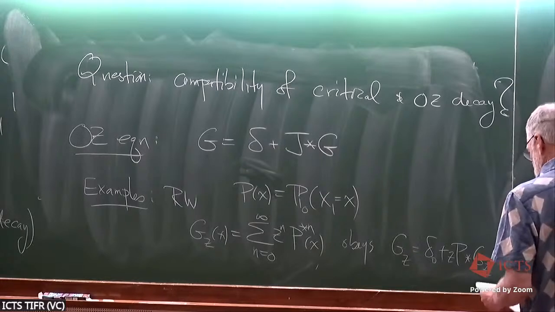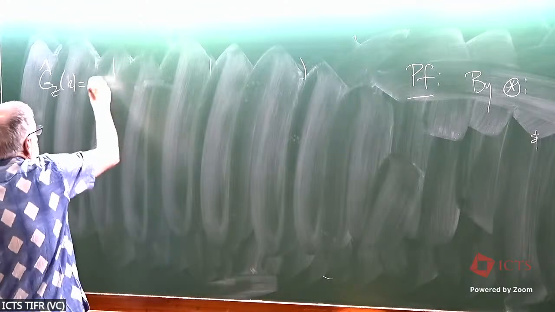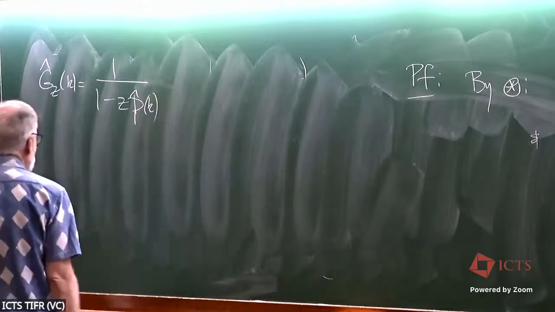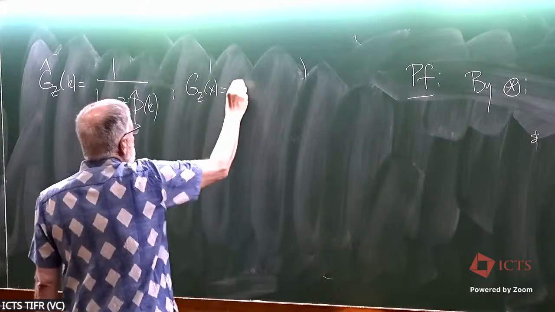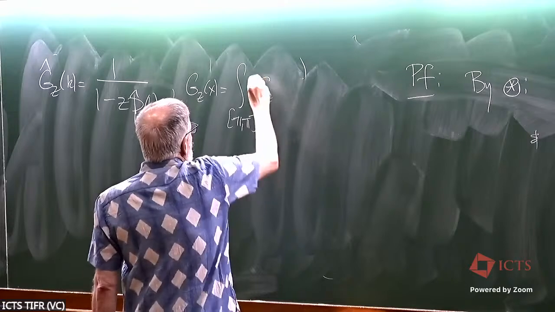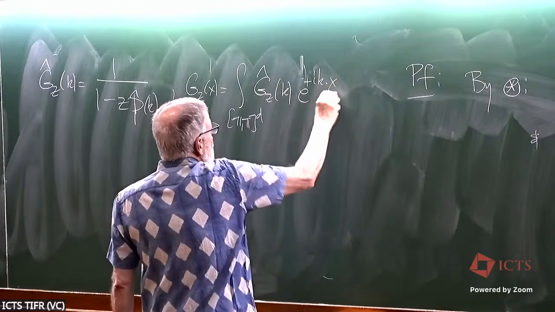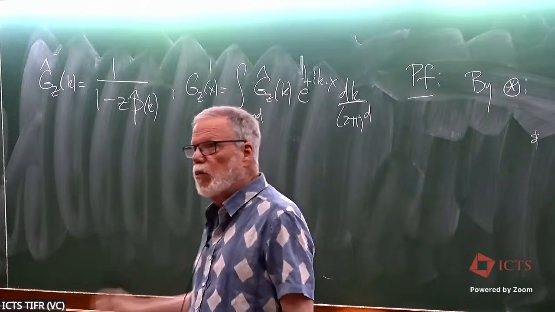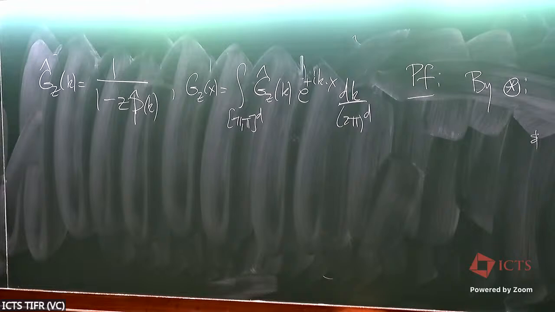So it's maybe worth mentioning that this G would have a Fourier transform, which is 1 over 1 minus z p hat. And I'll write down the inverse Fourier transform again, because that's going to be important for us. So we'll want to be going back and forth between the Fourier and the X-space representation.